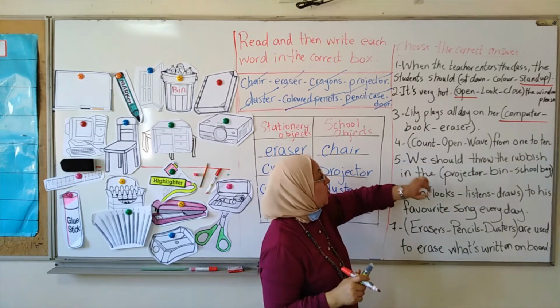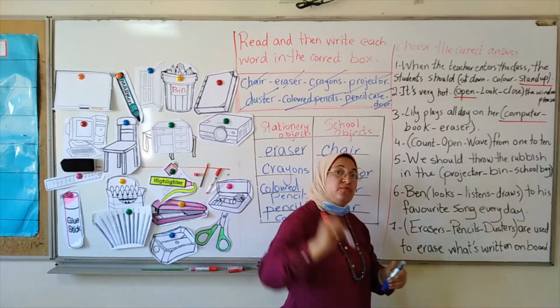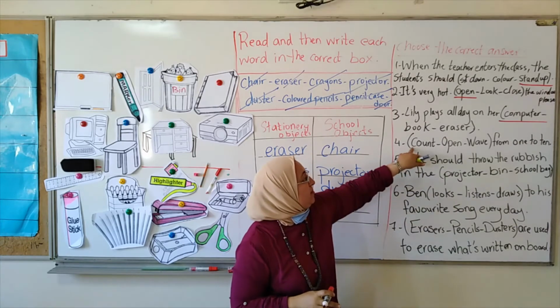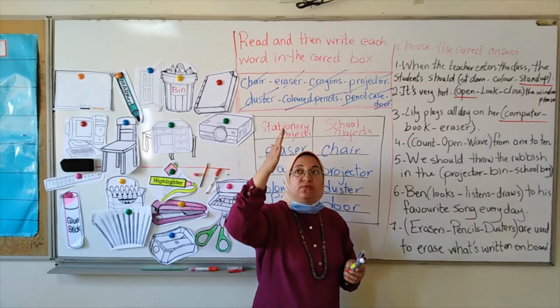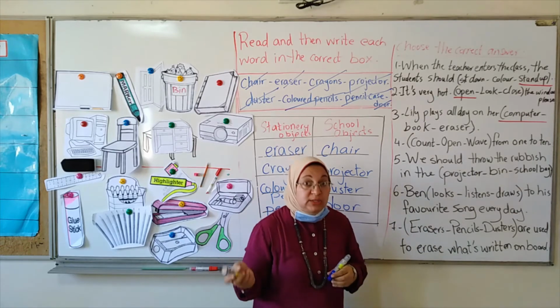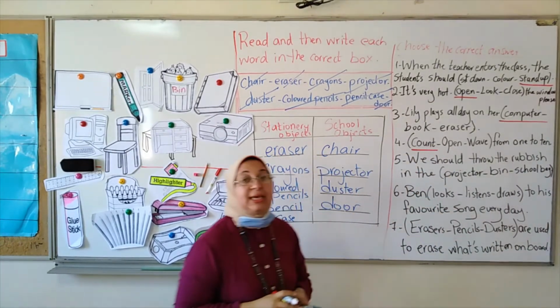Number four. Count, open, or wave from 1 to 10. What do we do from 1 to 10? 1, 2, 3, 4, 5, 6, 7, 8, 9, 10. So it's counting. It's going to be count.